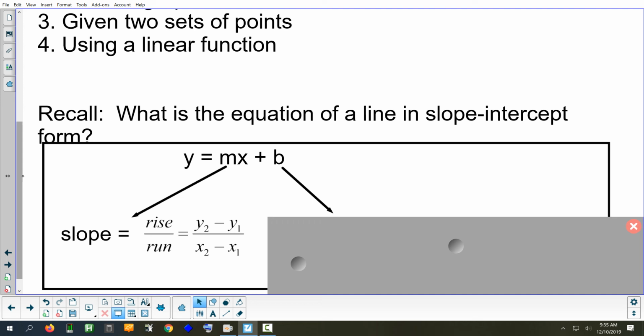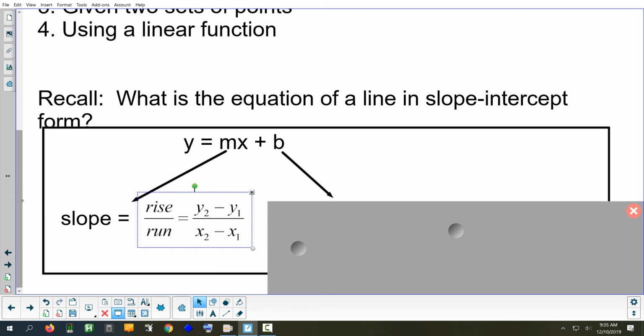The run, the bottom part of the slope, you get by doing x2 minus x1. Remember, all 4 of those things will be numbers. You'll get a coordinate, and we label it: first x, first y, second x, second y. Once we label it, we just plug the numbers in. 2 numbers go in the top, 2 numbers go in the bottom.